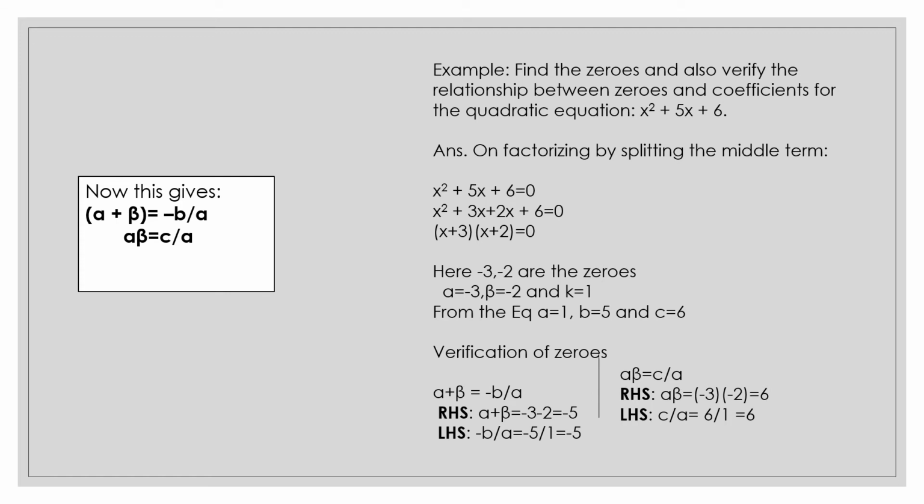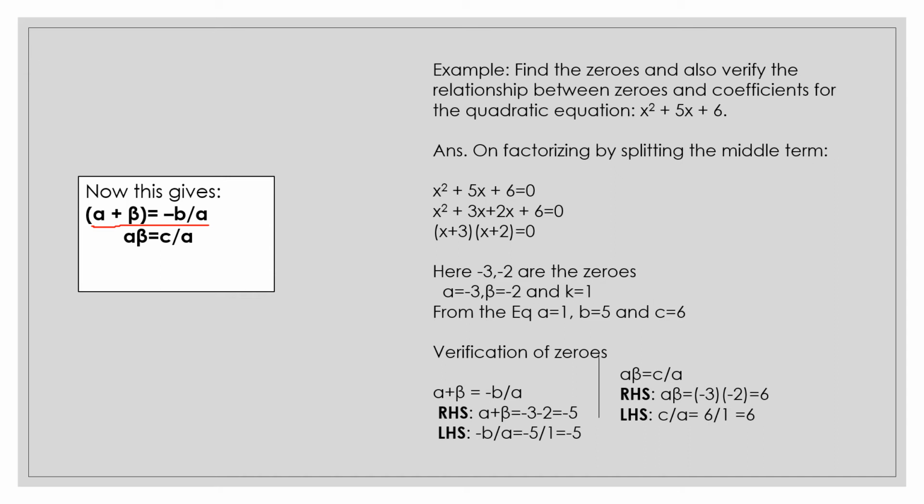Now our first relation, that is alpha plus beta equals minus b by a. Now for the LHS, we'll take alpha plus beta. On solving it, we get minus 3 plus minus 2, which equals minus 5. Whereas our RHS is minus b by a.